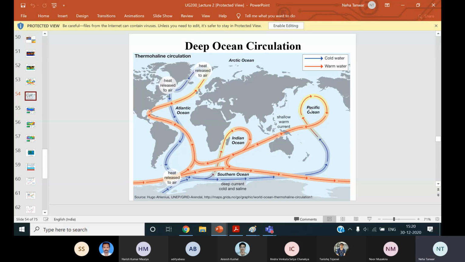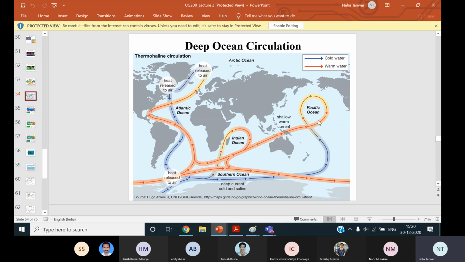But why is the water not sinking in the Pacific? What is the other factor that controls the density? Salinity. So it's not very saline water. In the Atlantic Ocean, this is the Gulf Stream, and it's very warm and saline, whereas in the Pacific, that is not the case.